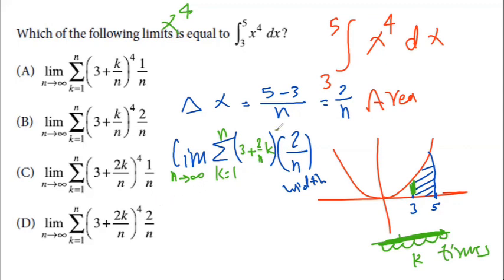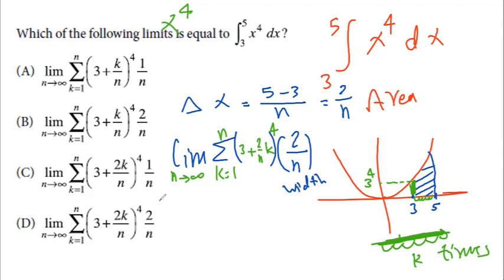Of course we don't forget power 4, because this function is x to the power 4. So it's like we start from 3 to the power 4, and then each time we add something to 3. The next one will be 3 plus 2 over n, then k equals 2, 3, 4, up to n, and n itself approaches infinity.